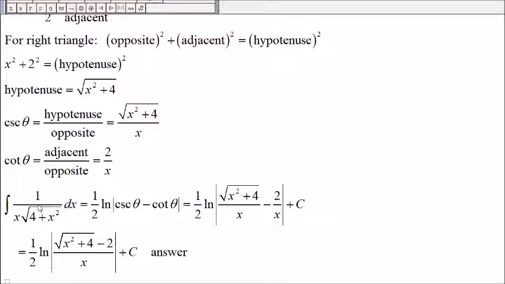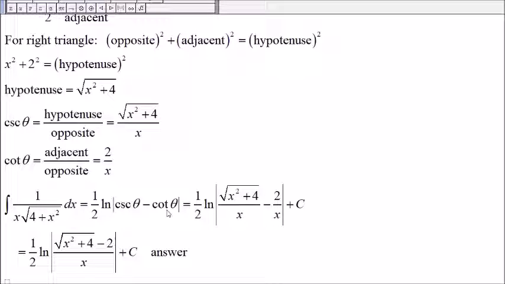And so the integral of 1 over x times the square root of 4 plus x squared is 1/2 natural log of cosecant of theta minus cotangent of theta. Cosecant of theta is the square root of x squared plus 4 over x.